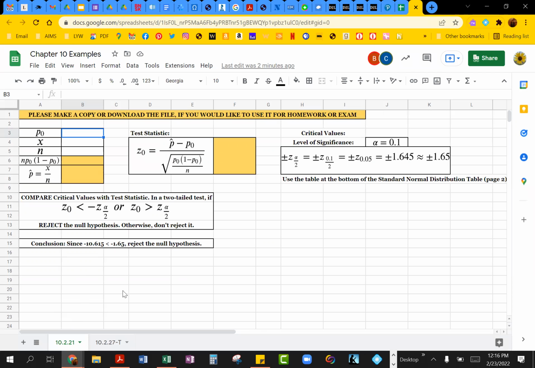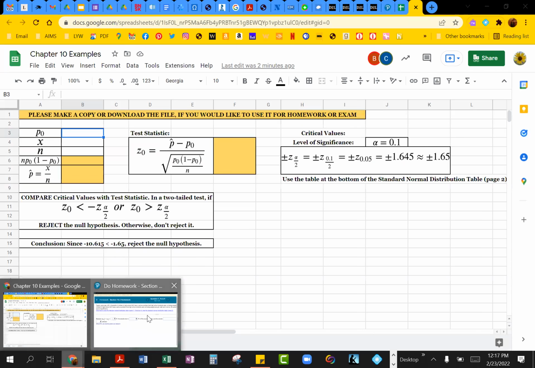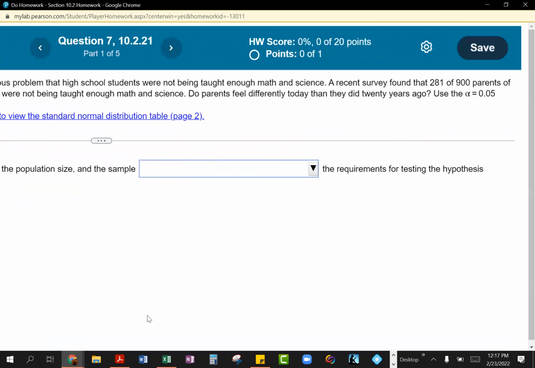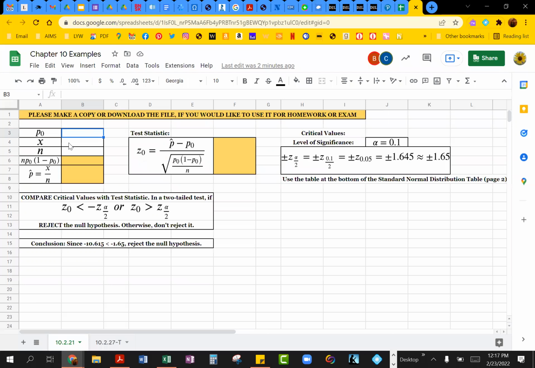So your point estimate is going to be those parents, 281 out of the 900. So 281 divided by 900. So that's calculating the point estimate.